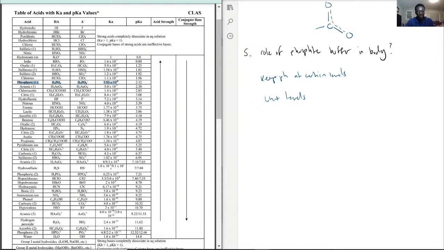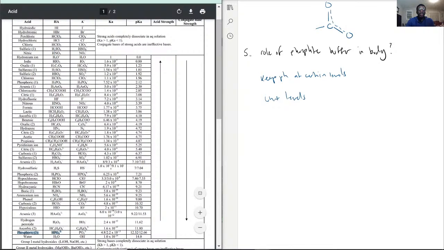So this is one of them, and the other one, H2PO4 minus, is there, and the last one, HPO4 2 minus, is also here.